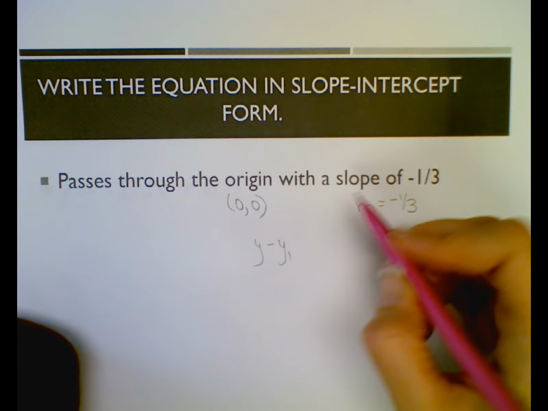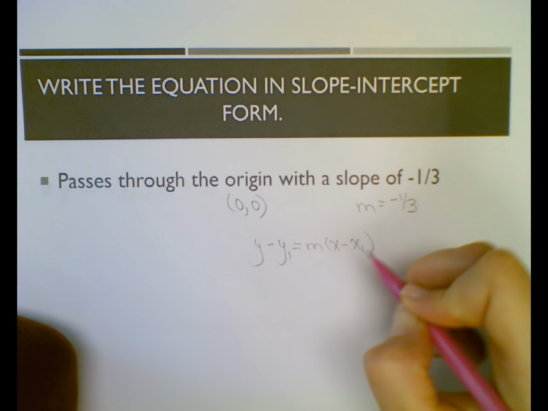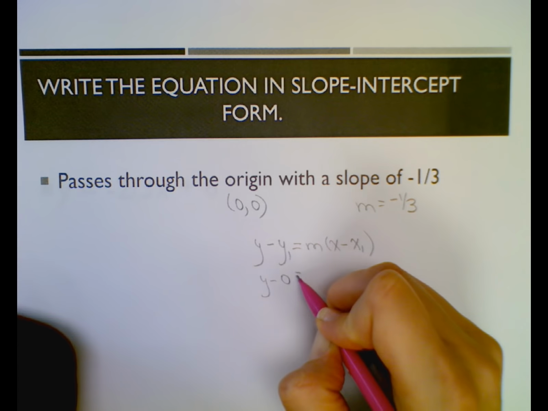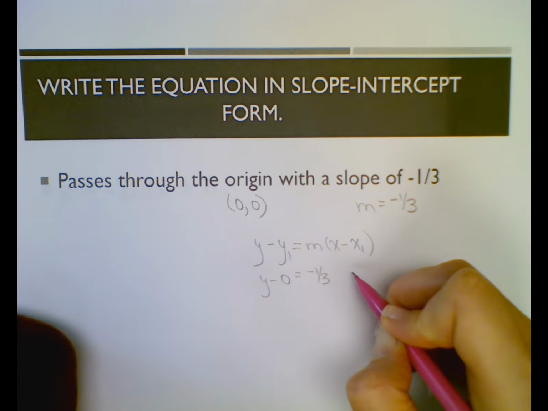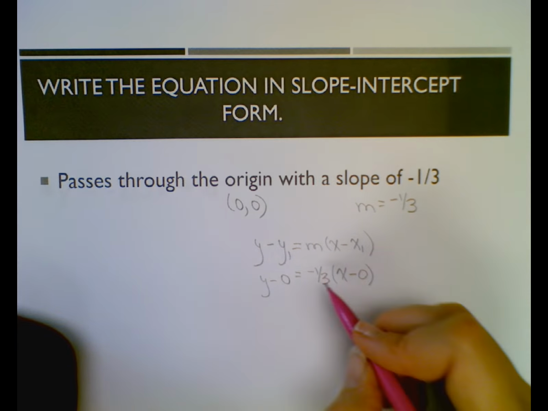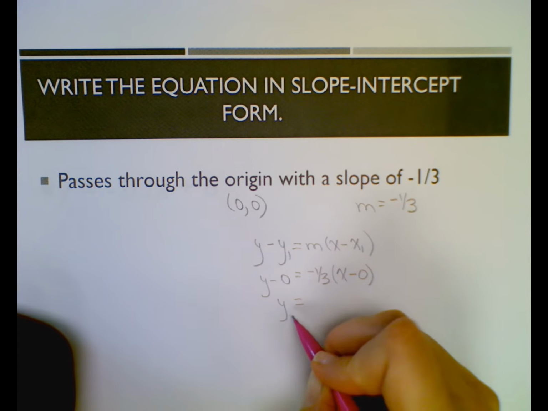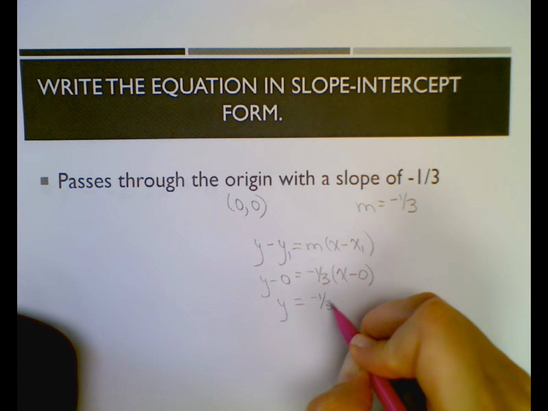I have a point and I have a slope. So it's going to be y minus 0 equals negative 1/3 x minus 0. And if I simplify that, because I need it in slope intercept, that means I want it in y equals, which is going to be negative 1/3 x.